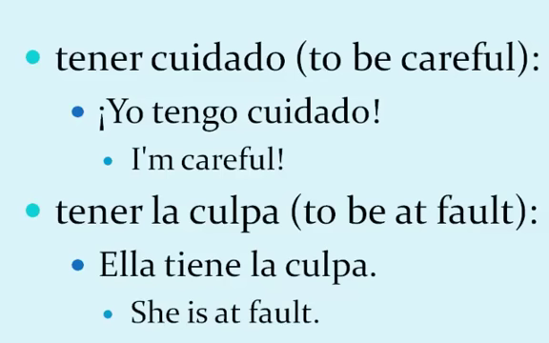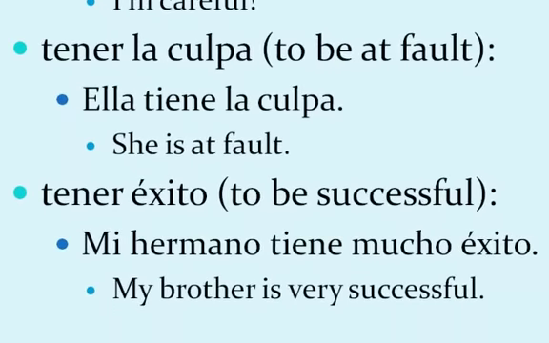To say he is at fault, él tiene la culpa. If you want to say I'm at fault, yo tengo la culpa. Because remember, the I form of tener is tengo. So this is a way for you to start using the verbs and different meanings that the word might have.